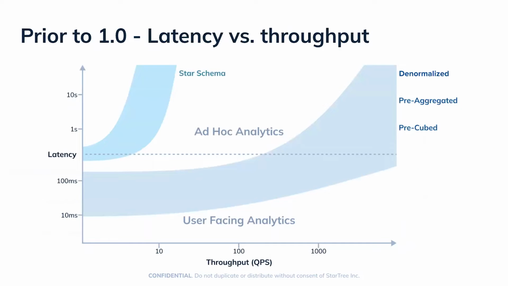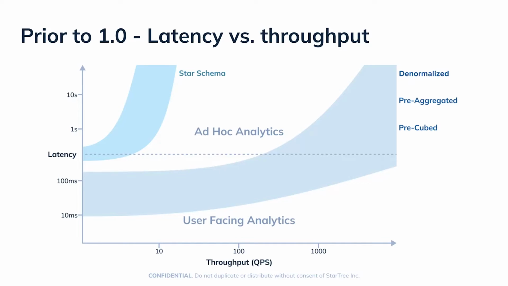As we measured some of our use cases prior to the 1.0 release, especially when we partnered with Presto Pinot connectors, we realized that the star schema use cases are the most flexible ones because they do not require our customers to rejoin anything or do any pre-computations during ingestion. It's just the most flexible way to deal with that data. But at the same time, it's also the most expensive, the longest in terms of latency, and the lowest in terms of throughput.